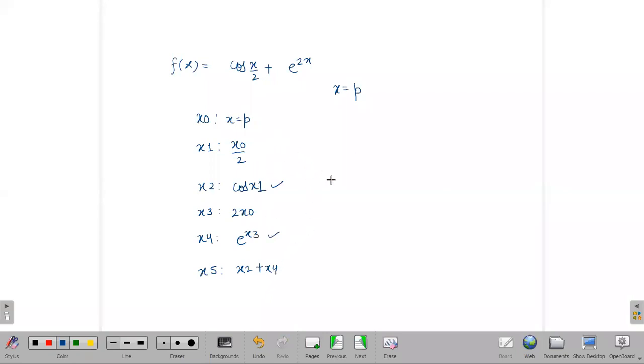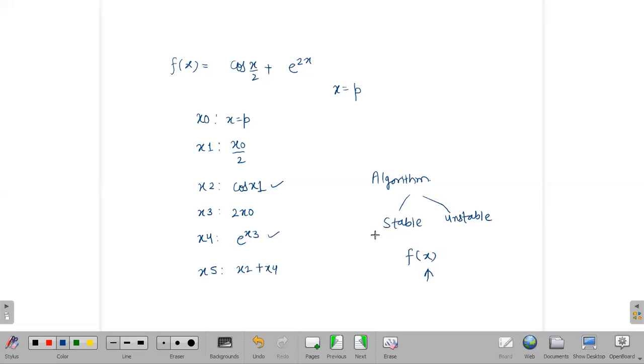Now if you want to find its stability, this is the algorithm, and to check its stability there is one criterion it should follow. If you take an f of x and make a small change in the input, it should produce a small change in the output.